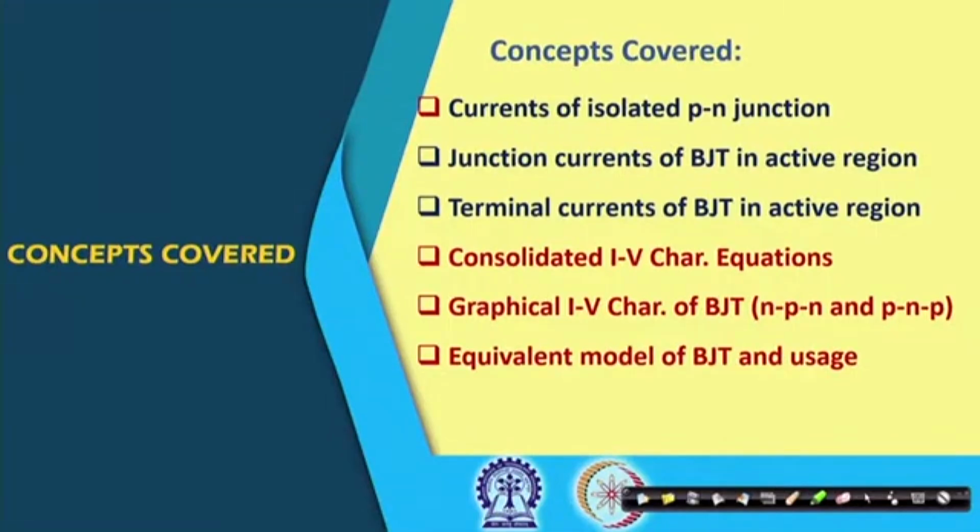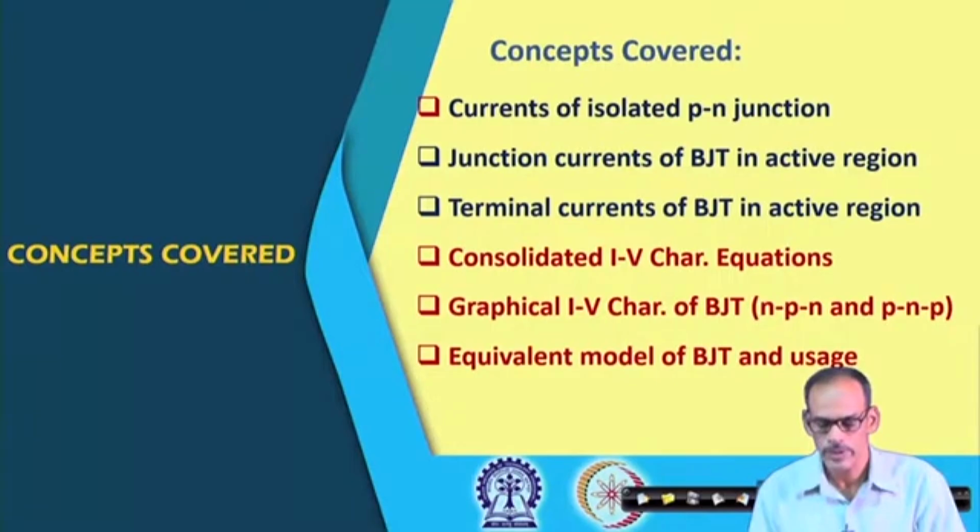We also look into the difference between the IV characteristic of a PNP transistor with respect to an NPN transistor, because the working principle so far we have dealt with in detail for the NPN BJT. So we do not want to repeat it for the PNP transistor, however, you can deploy it for the PNP transistor.